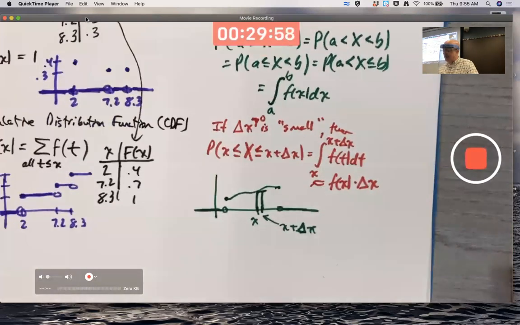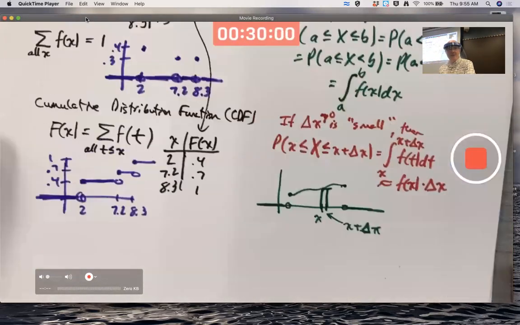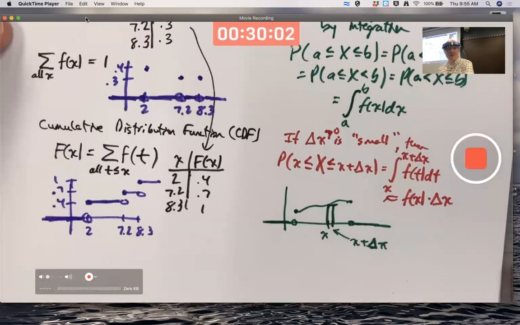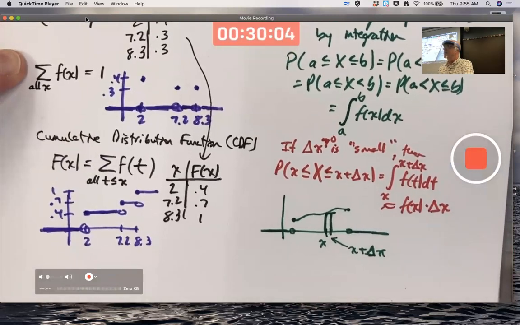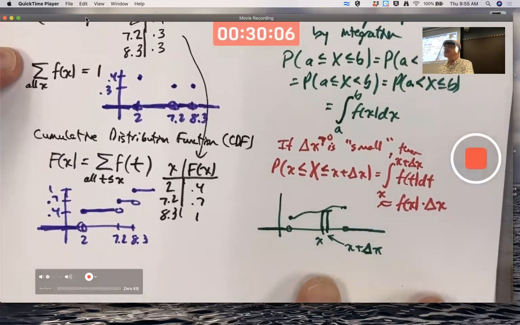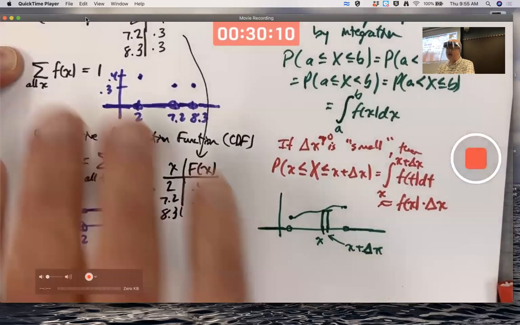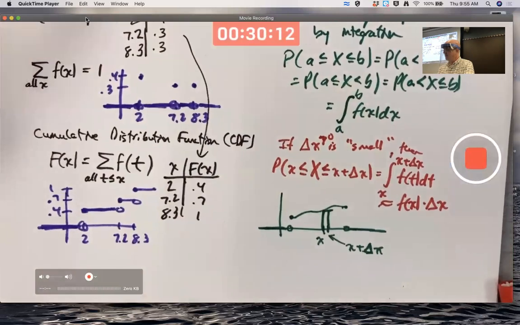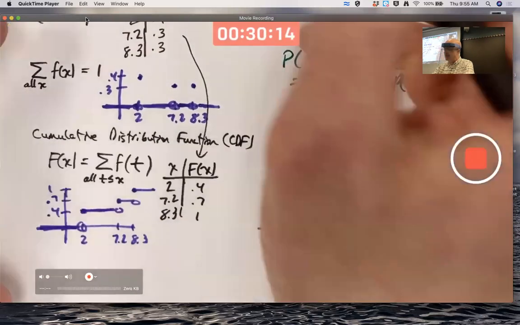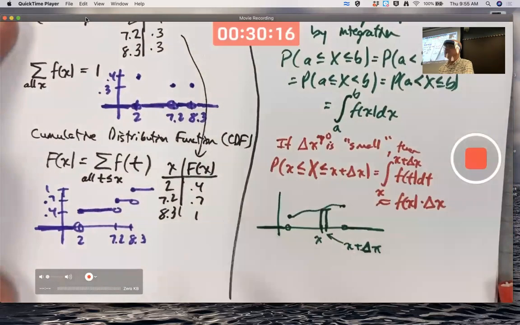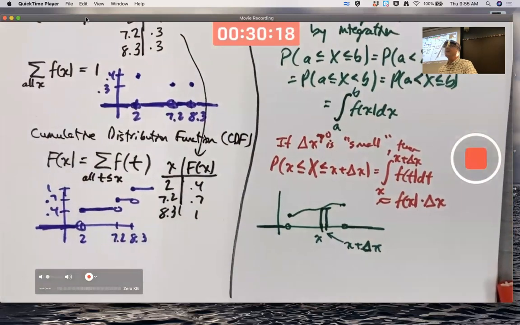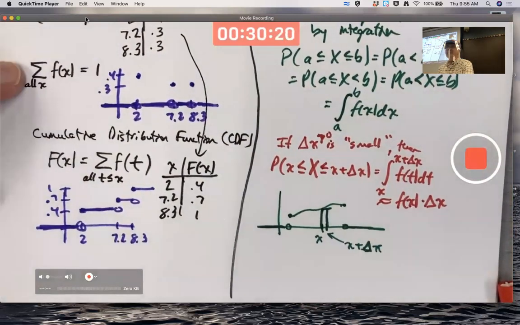So, yeah. Analogous to the summation equaling 1 for the discrete case, what do we want over here for the continuous case? What's the analogy? So I'm not lining these up very well, but we still can separate them. Summation becomes?